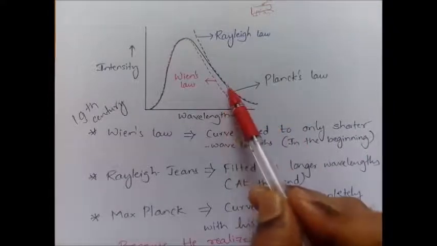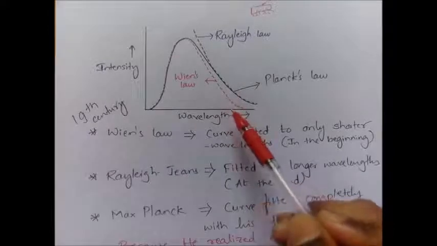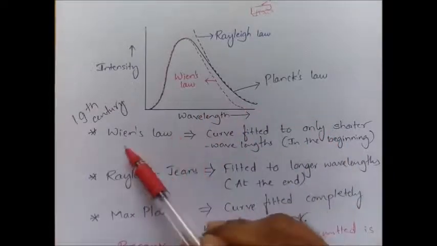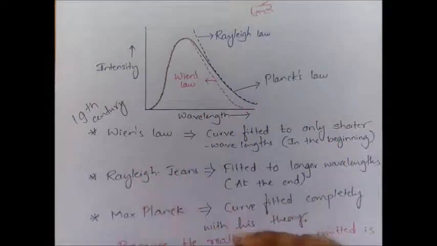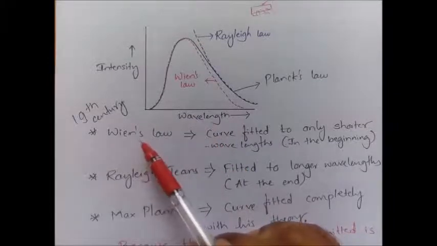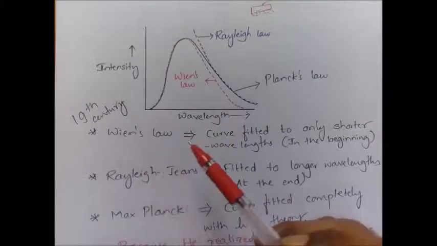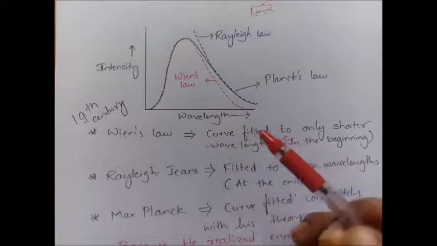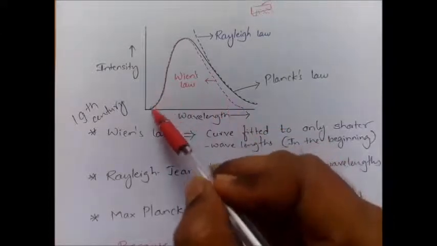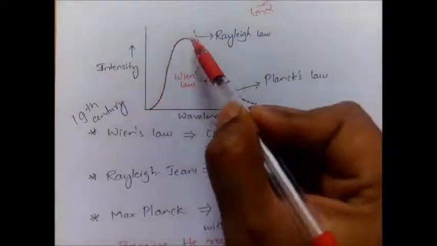So now we have the experimental curve, and for that we should have the theoretical curve. Wien, Rayleigh-Jeans and Max Planck were working on that. Wien found that his equations fitted only till here.